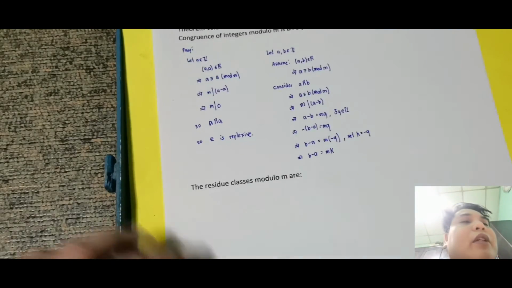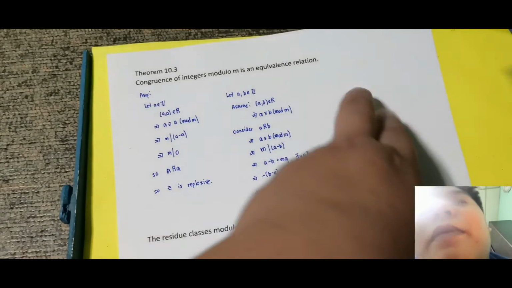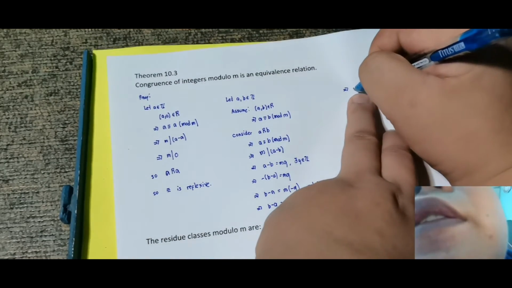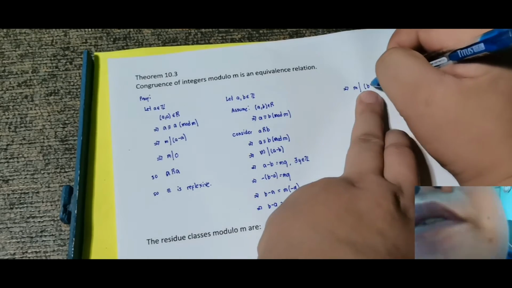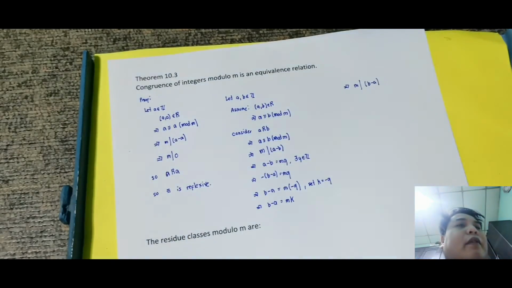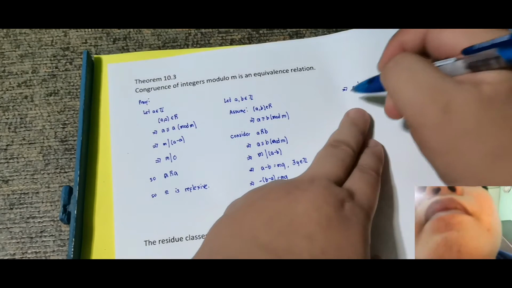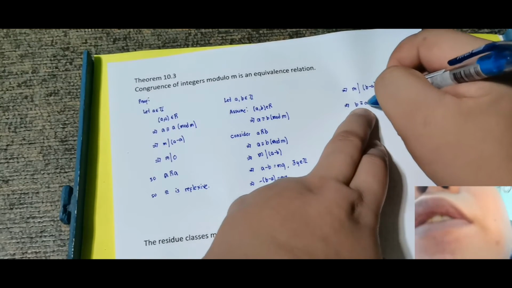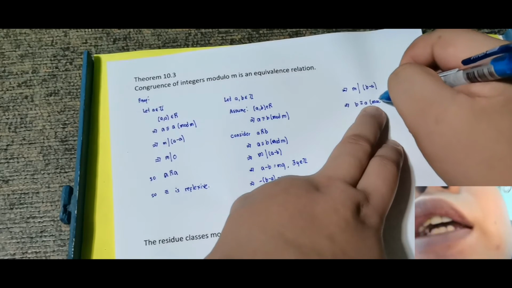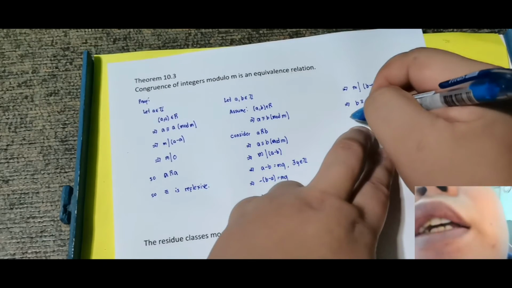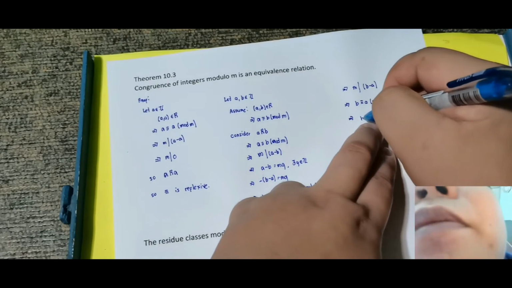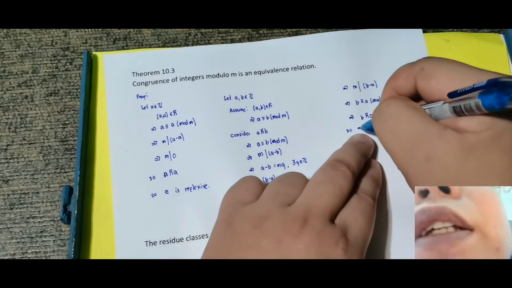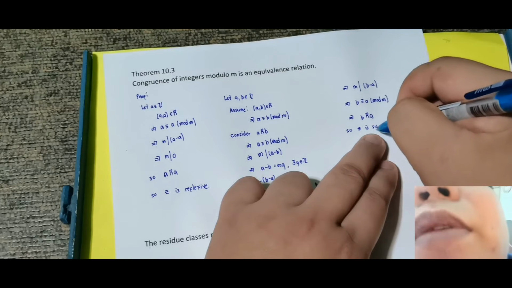Then by definition again of divides, this implies that m divides b minus a. Then by definition of congruence, this implies that b is congruent to a modulo m, in which this implies that b is related to a. So, this relation is symmetric.